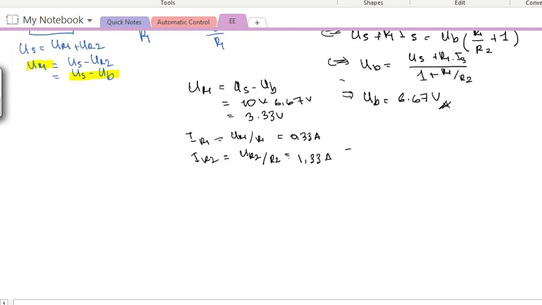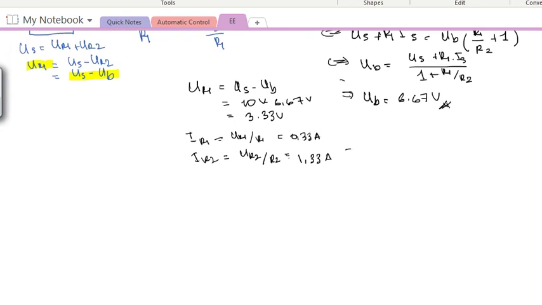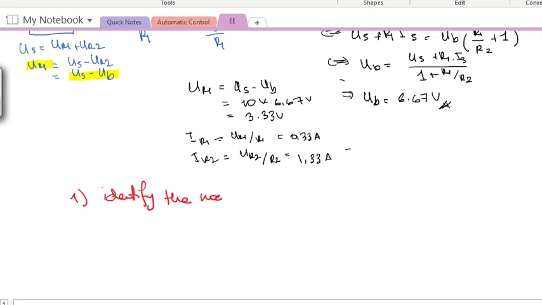Let's say if I were to summarize everything, first step that you need to do is to identify the node. Second step is to choose a reference. This is very important in order to be able to write your voltages. How do we choose a reference?